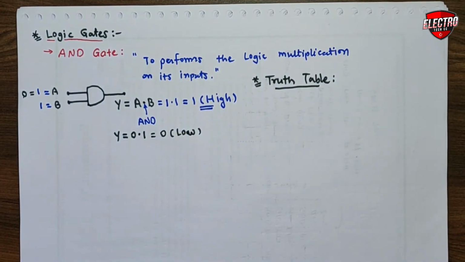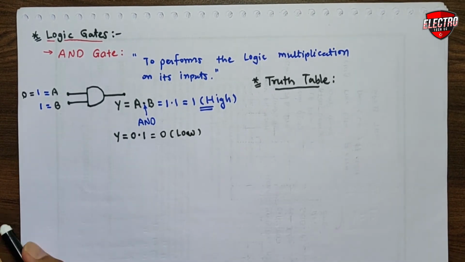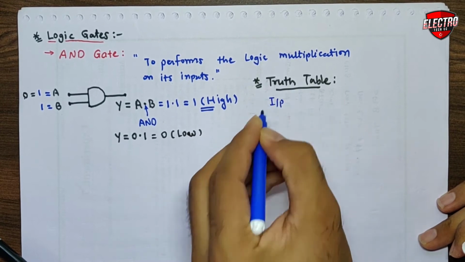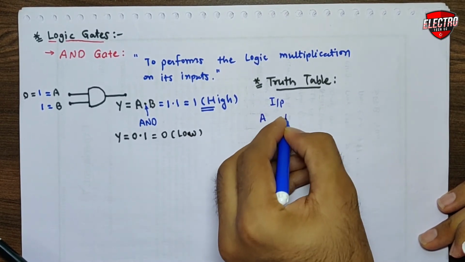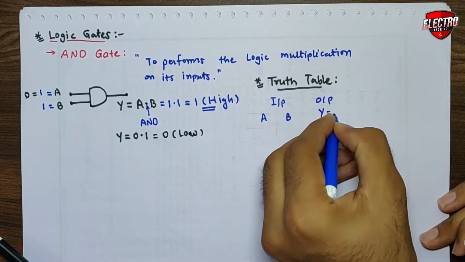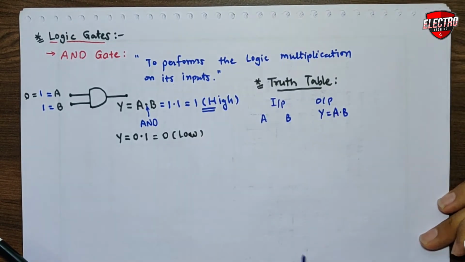of the AND gate. The input signals are A and B, and the output signal is Y equal to A dot B. Clear?